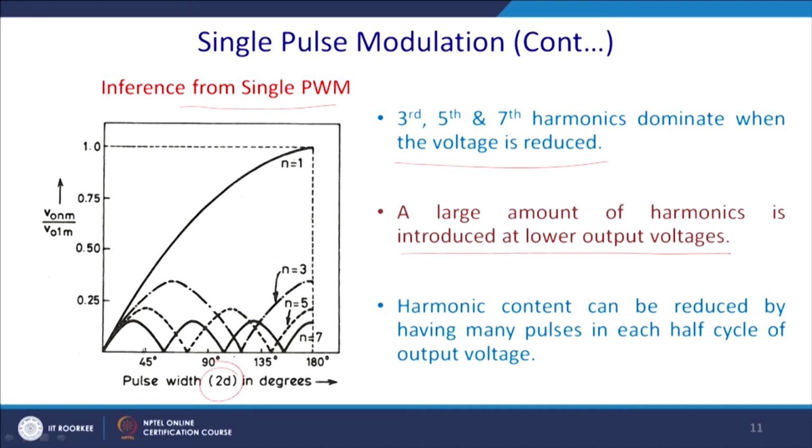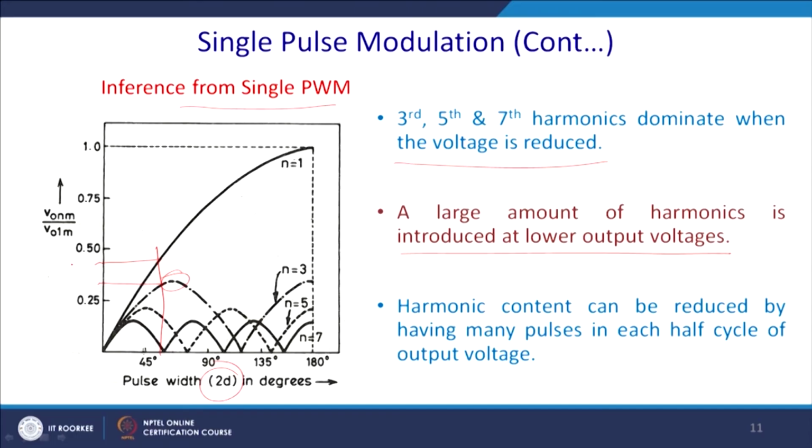But if you come to this point, 45 degrees, then you can see that this one corresponds to the third harmonic. The third harmonic has a value of, let us say, 0.3 or 0.4, and this will have a value of 0.47.